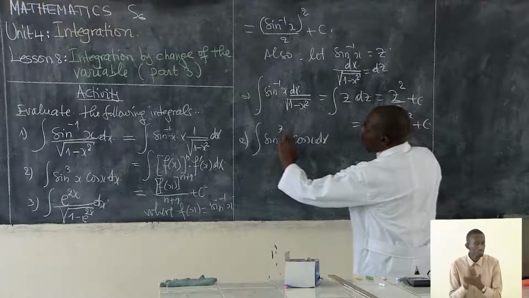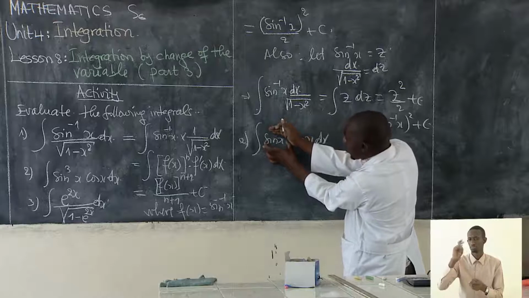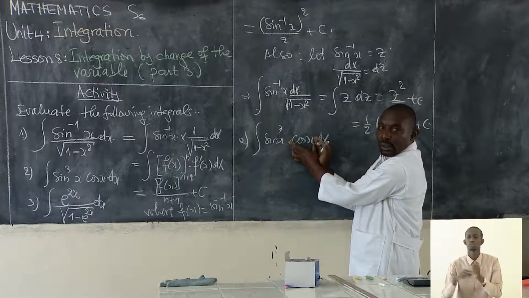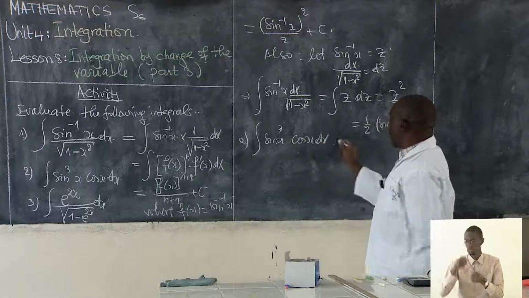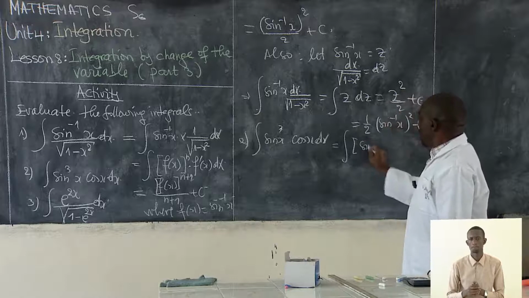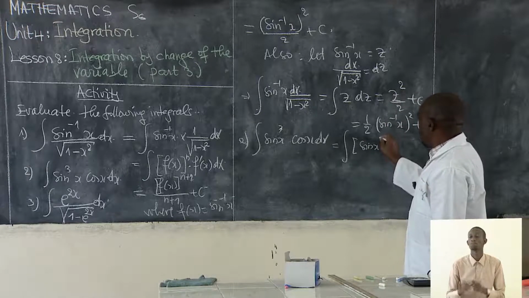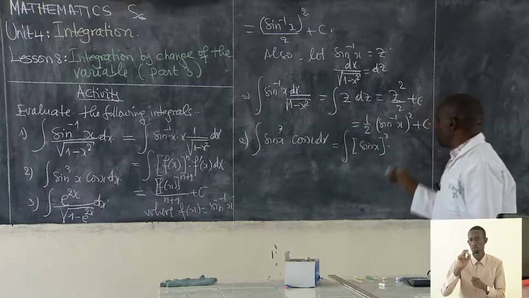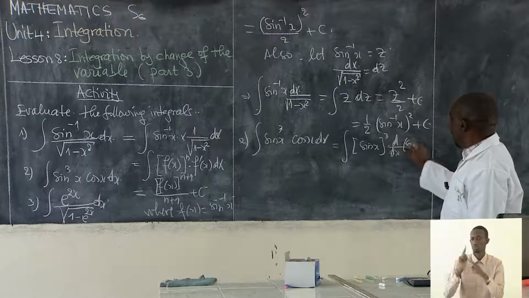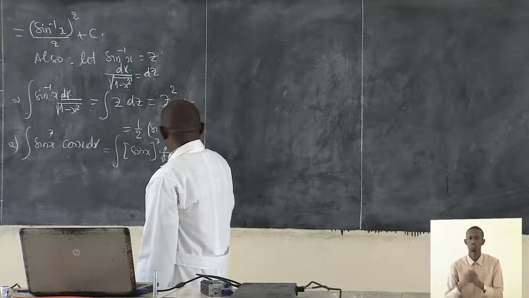Because the derivative of sine x is cosine x. Means that this is the integral of sine x power 3 times the derivative of sine x dx.